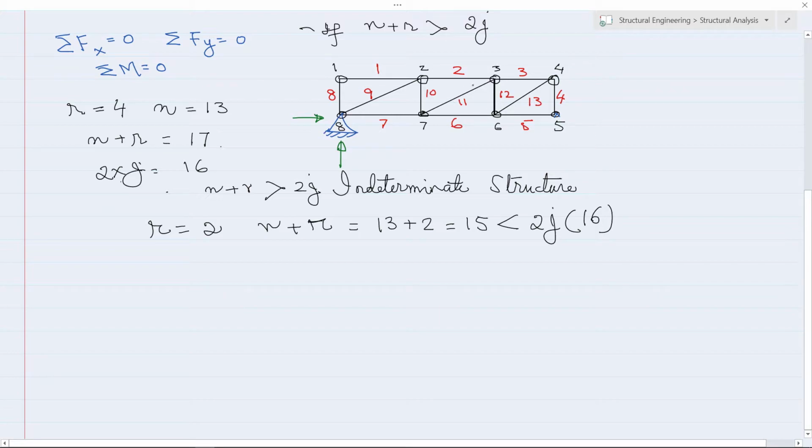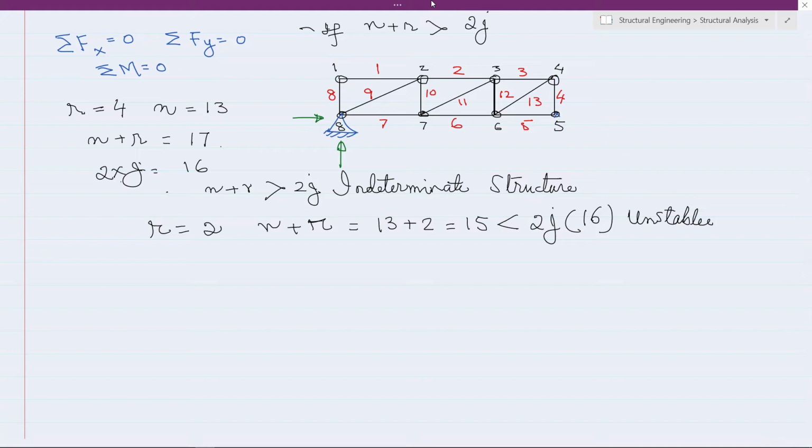Now we know that this structure with only one hinge support will not be stable, it will collapse. That means under this condition it will be unstable, or it will not be in equilibrium.